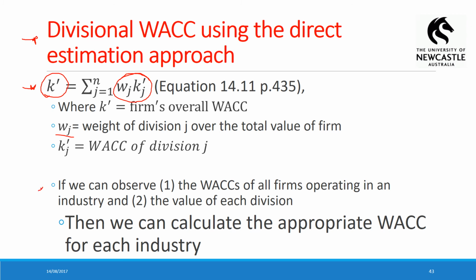So if we can observe the cost of capital for all the firms operating in a certain industry segment, and also if we can observe the value of each division for the firm, we can then work out the appropriate cost of capital for each of the divisions. So we'll see an example from the textbook.